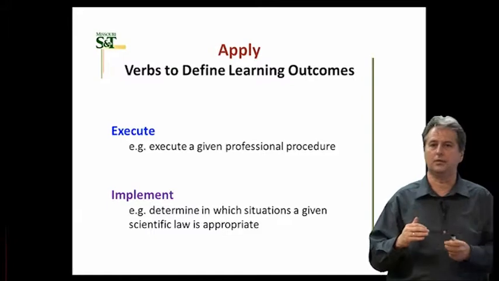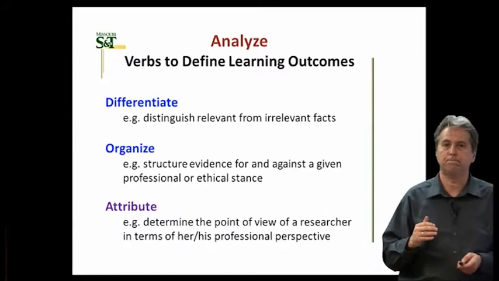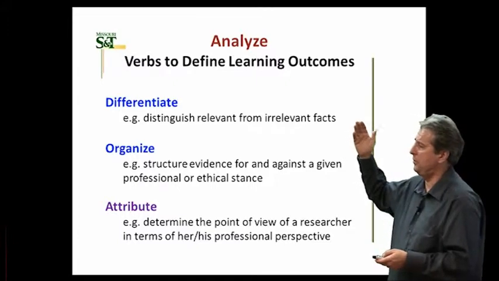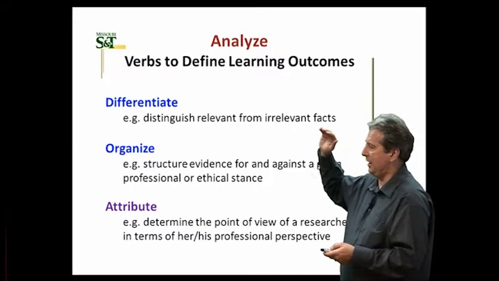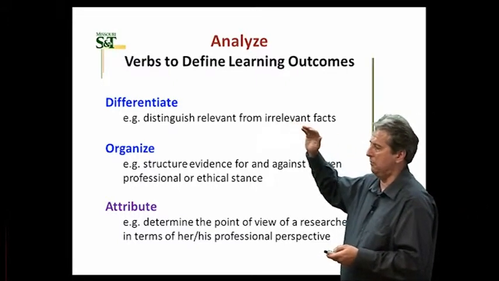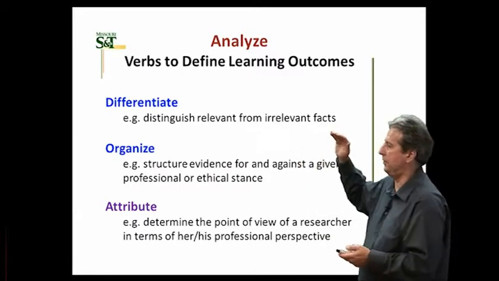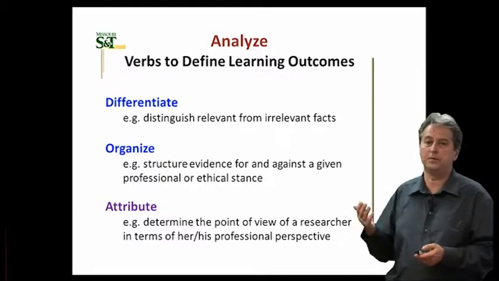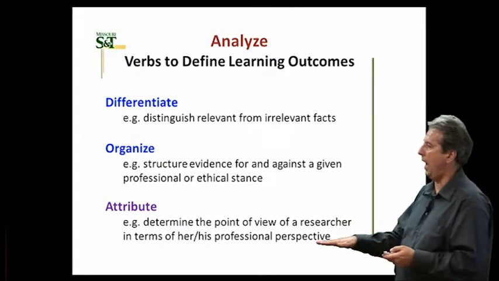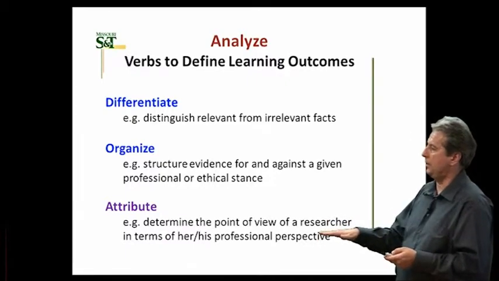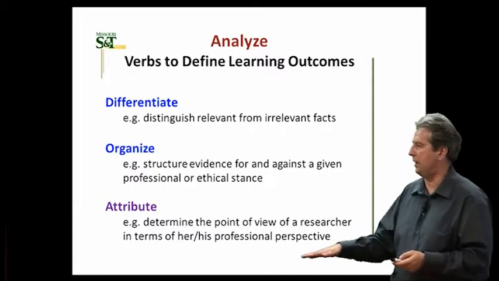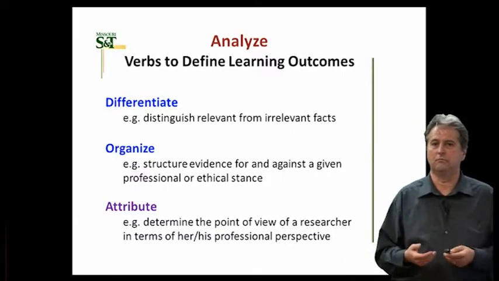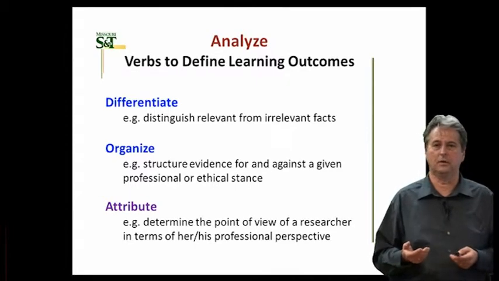Analyze: again, when you say, I want my students to be able to analyze, you can ask them to differentiate relevant versus irrelevant, to organize a specific structure, or to attribute, or determine a point of view. In this case, one example is a researcher's point of view based on his or her professional perspective.